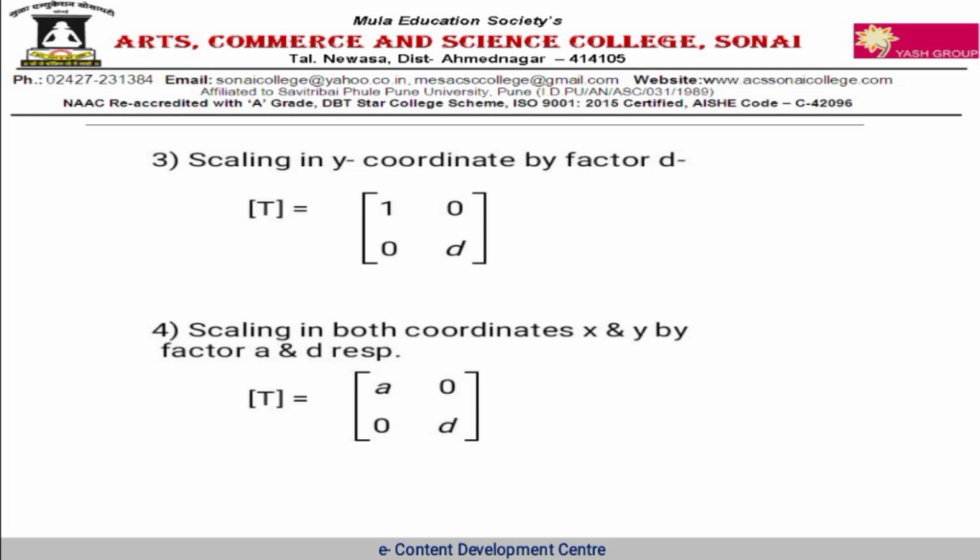The next effect is scaling in both coordinates x and y by factors A and D units respectively. The position matrix T is equal to A 0 0 D, which represents scaling in x coordinate by factor A unit and scaling in y coordinate by factor D unit.